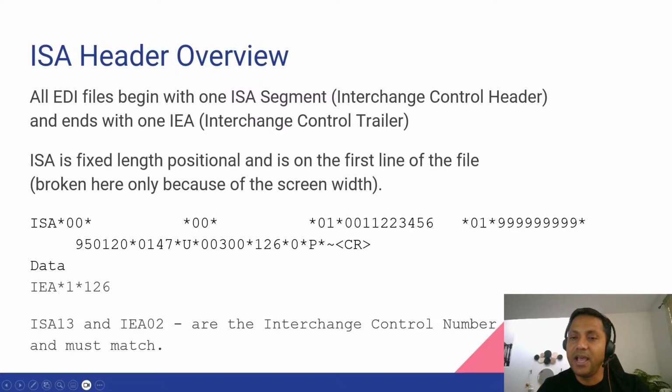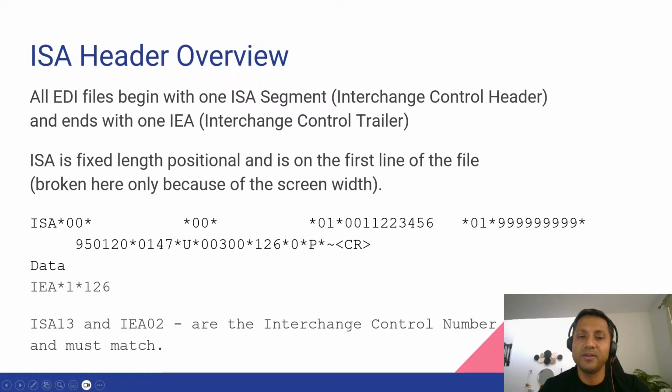Then in the IEA segment there should be a matching control number as well, which is IEA02. So ISA13 should match IEA02. These two numbers must match to ensure the file's integrity. That's what I mentioned in the footnote at the bottom: they should match.